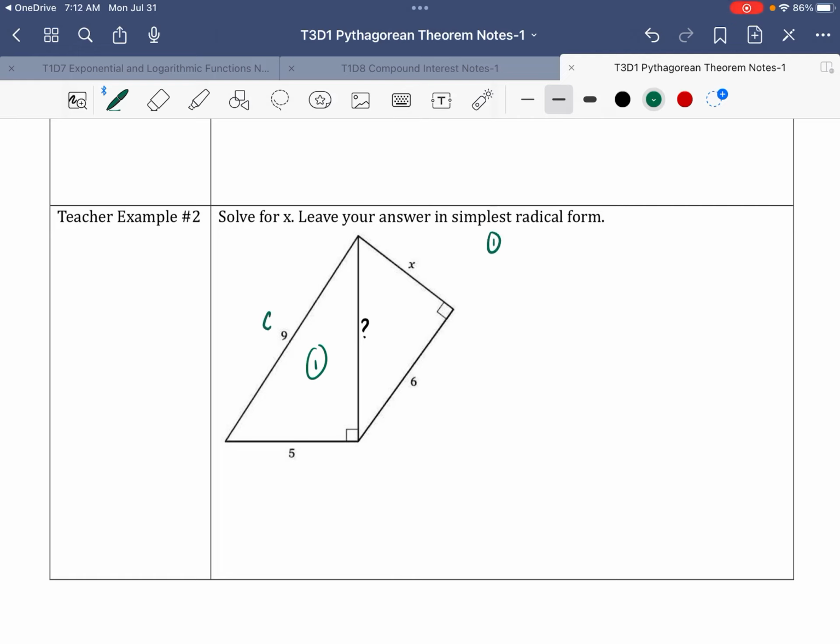I know that 9 is my C because it is opposite my right angle, and I can label my A and my B. So then I have 5 squared plus B squared equals 9 squared. 25 plus B squared equals 81. And B squared equals 56.